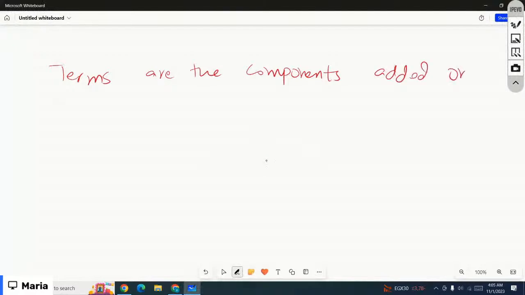Let's note down: terms are the components added or subtracted.